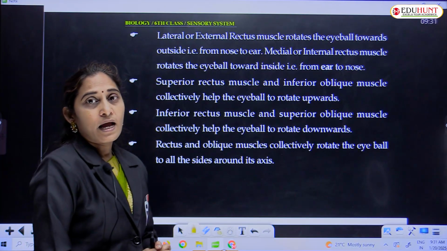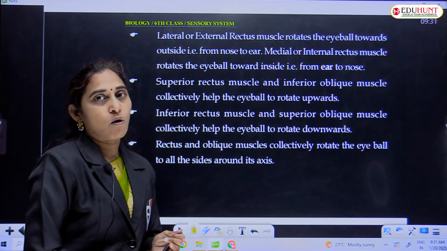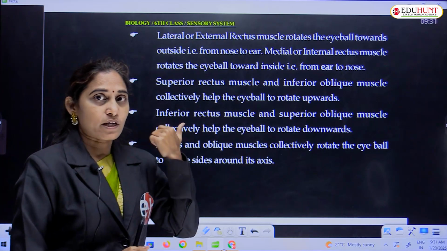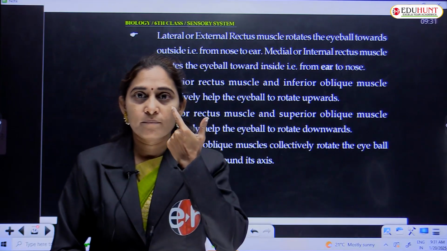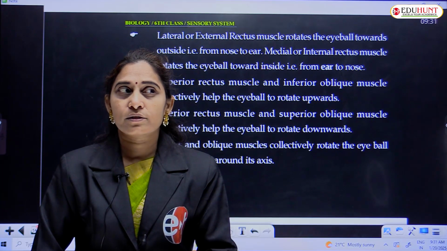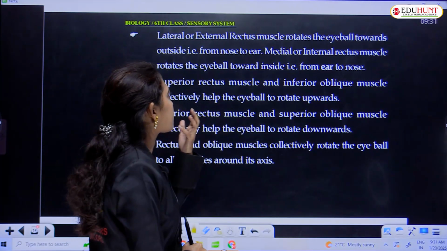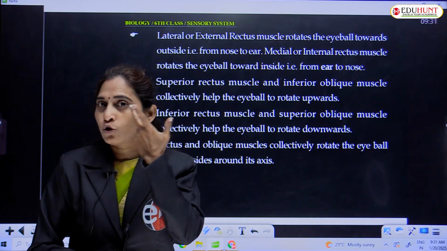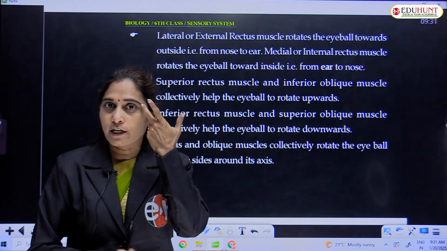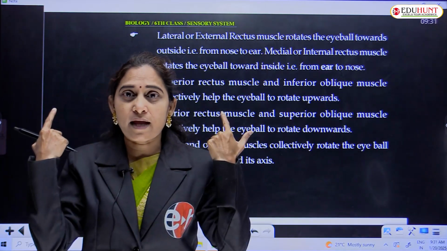Lateral or external rectus muscles rotate the eyeball towards outside. Look at me, I am moving my eyeball towards left, that is out, from nose to ear. I can't move my 2 eyeballs in opposite directions.